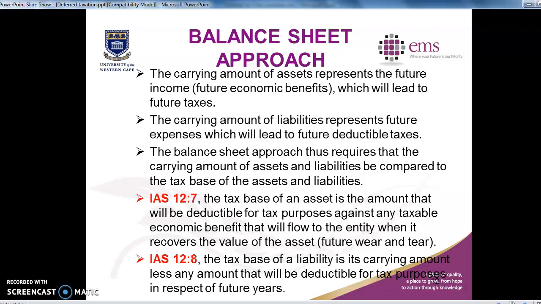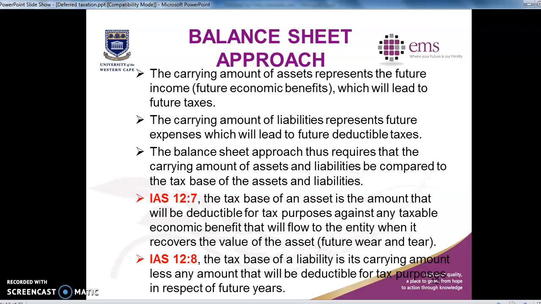So, just to repeat what I said earlier, deferred tax balances, whether it is a liability or an asset, represent the expected future tax which will be payable. So if we have a liability, it will be payable. If we have an asset, it will be receivable, or it will be a saving. Right? So it is a future tax which will be payable or receivable that will be levied on the expected future transactions, so future income, future expenses, that have already been recognized in the financial statements in the form of our assets or our liabilities.